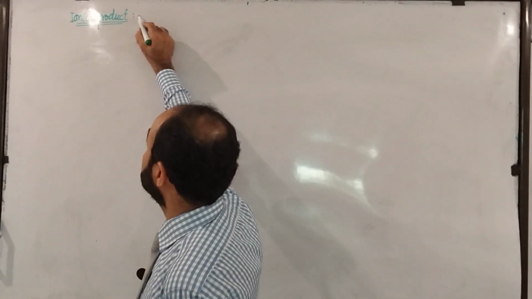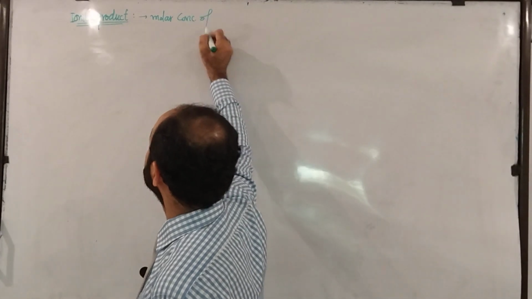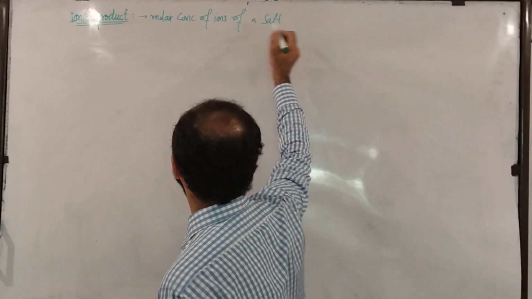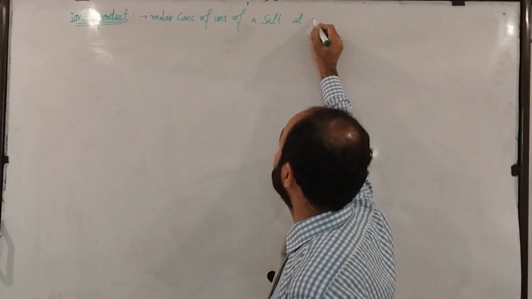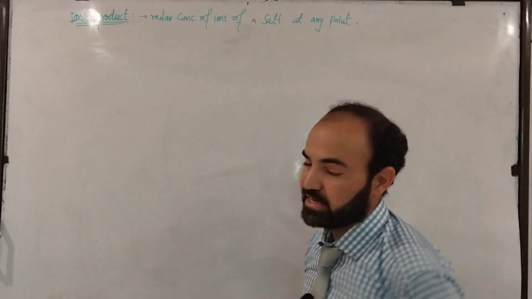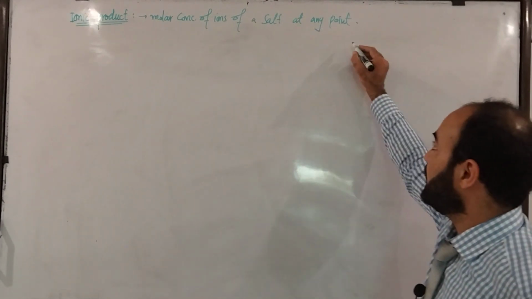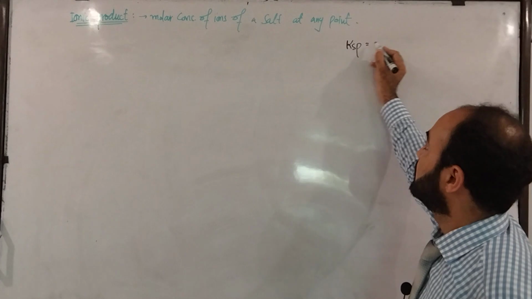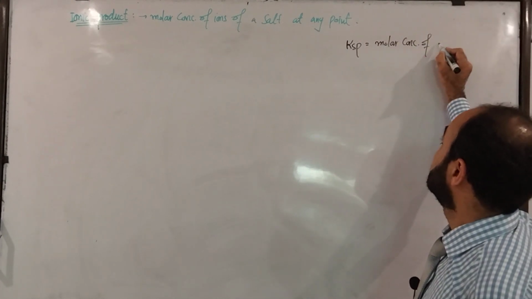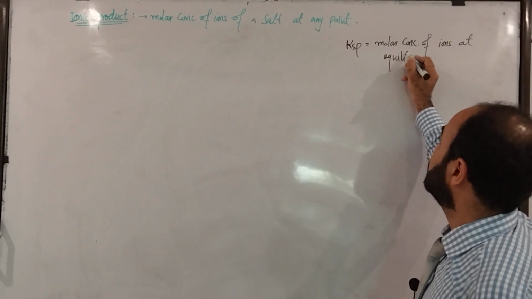Ionic product is basically the molar concentration of ions of a salt at any point, either at the initial state or at the final state. While KSP is the molar concentration of ions at equilibrium only. At equilibrium.